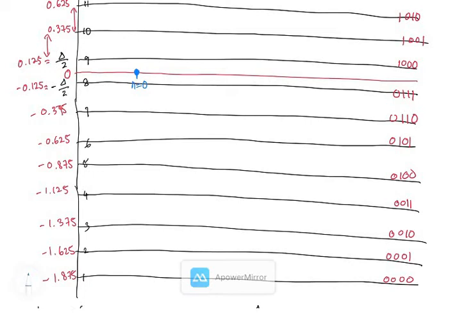What is the rounding? Rounding, I will use the shape of a circle, and truncation, I will use the shape of a cross. For rounding, I will take the nearest one, so I put the rounding here for 0. And for truncation, I will take the lowest value, so I will take this value. This is for n equals 0.